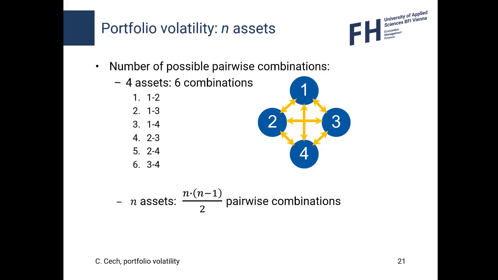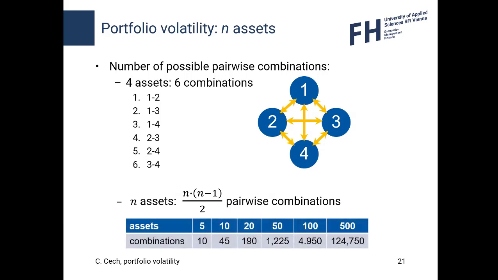There is a helpful formula to find out how many pairwise combinations there are for n assets. The formula is displayed here: n times (n minus 1) divided by 2. So if we have 5 assets, there are 10 possible combinations.